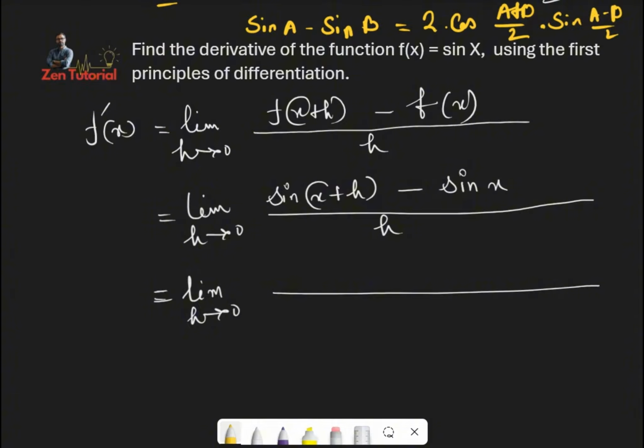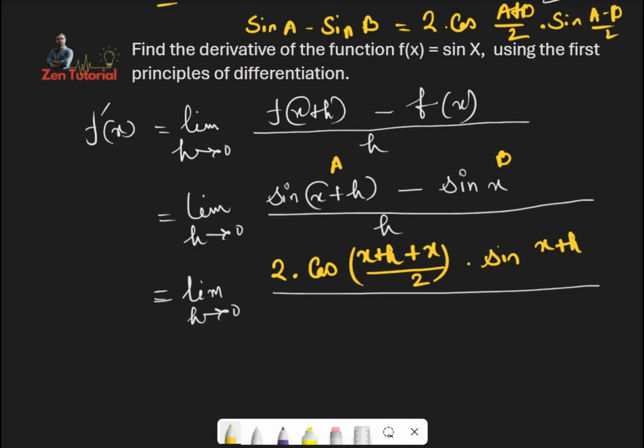So here A means x plus h, B means x. So this is actually A and this is actually B. So the equation will be 2 of cos of A means x plus h plus B means x over 2 dot sine of A means x plus h minus x over 2, and here will be h.